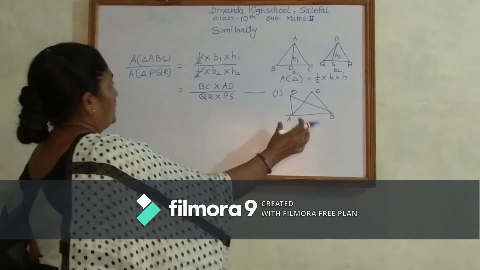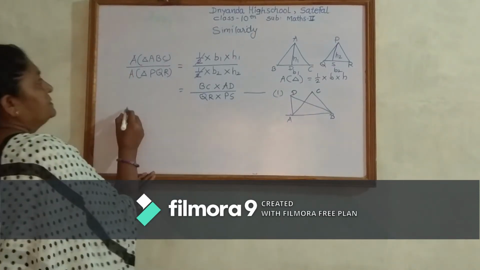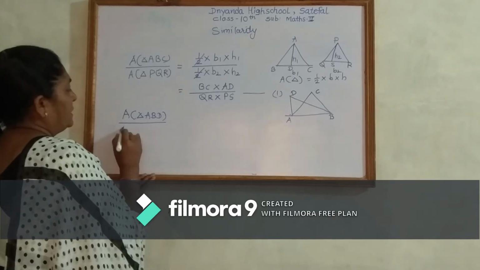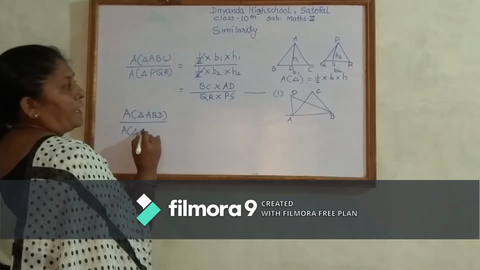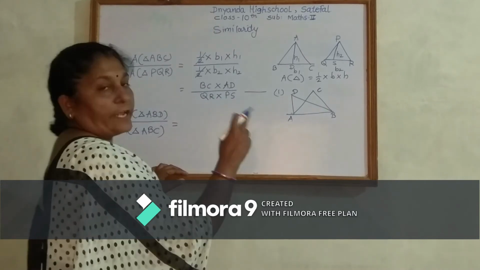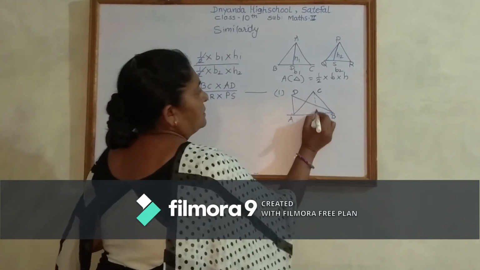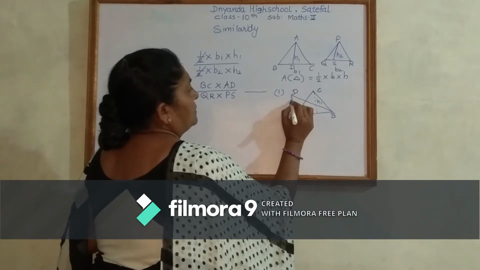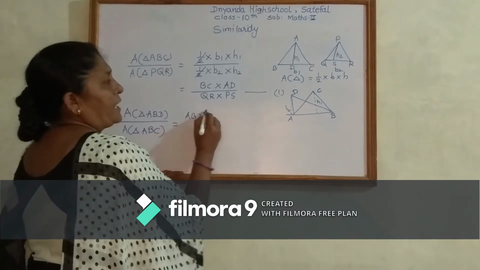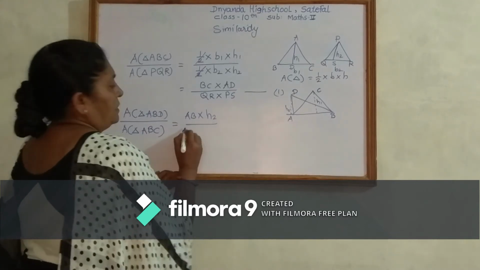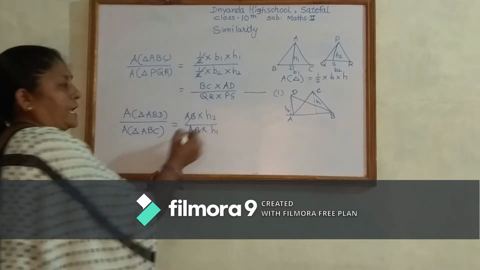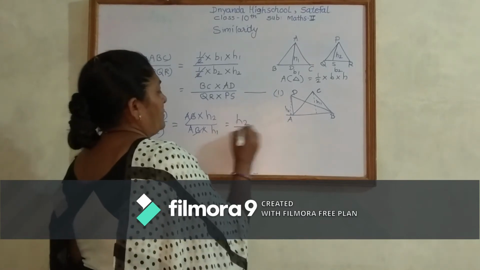To find the ratio of areas of these two triangles, the area of triangle ABD divided by the area of triangle ABC is equal to half into base AB multiplied by height H2, divided by half into base AB multiplied by height H1. Half and AB get cancelled, and the ratio is H2 divided by H1.